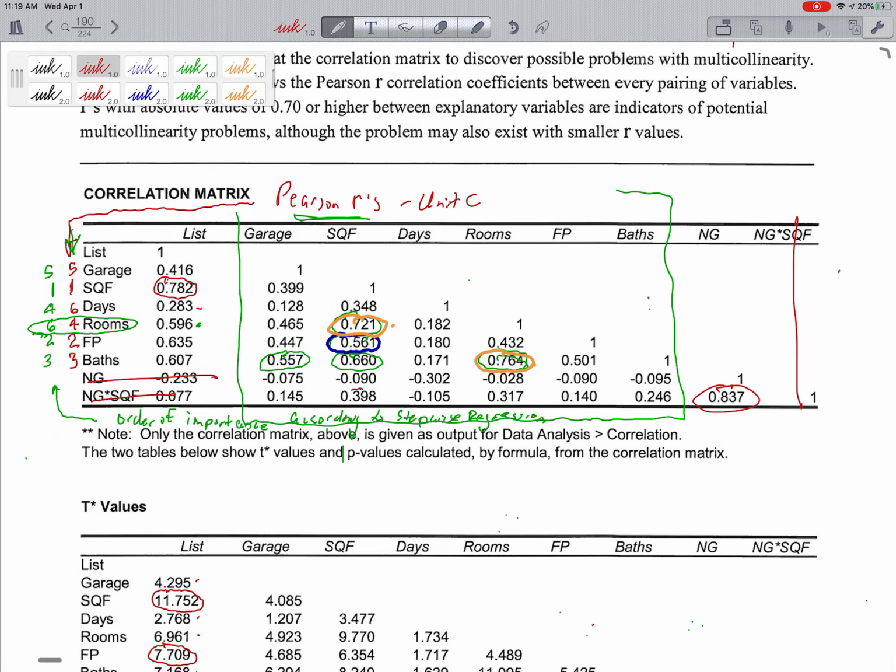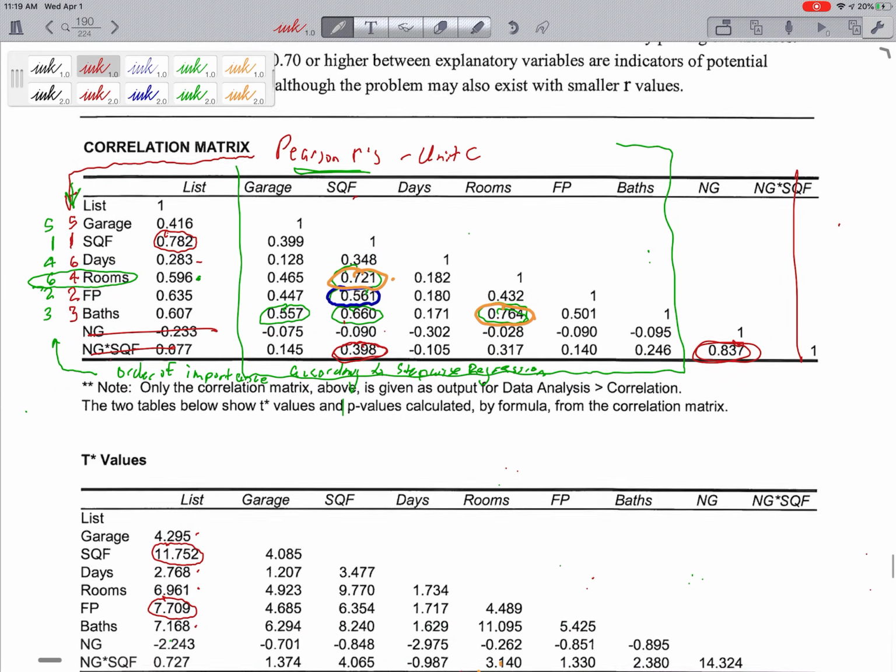And with square footage, it's still pretty high with NG-SQF. It's not very high at all with the dummy variable itself, but it's quite high, 0.398, with SQF and NG-SQF. But this one in particular is very high. So when you put all those variables together, you should expect a multicollinearity problem.